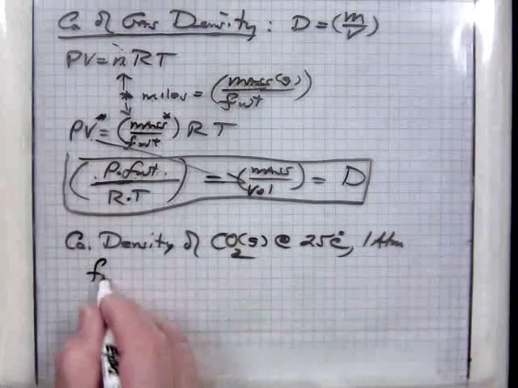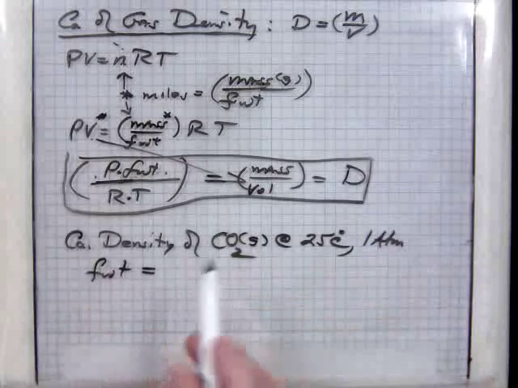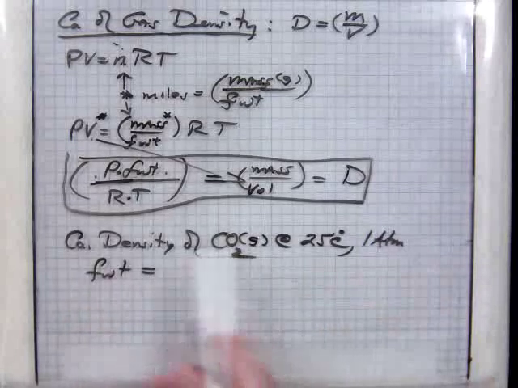Okay, formula weight's the only thing we need. So what's that? 16, 32, 42, 44.